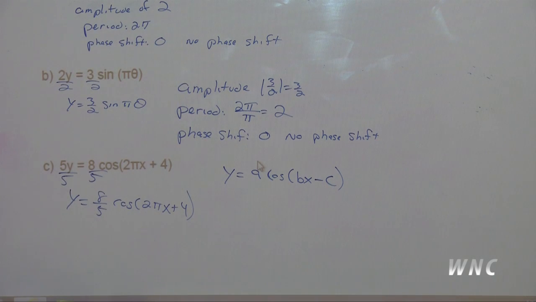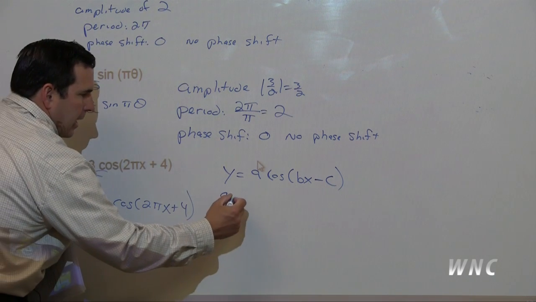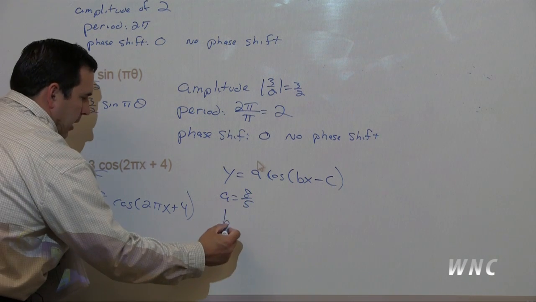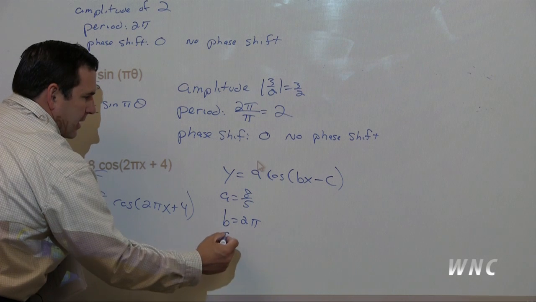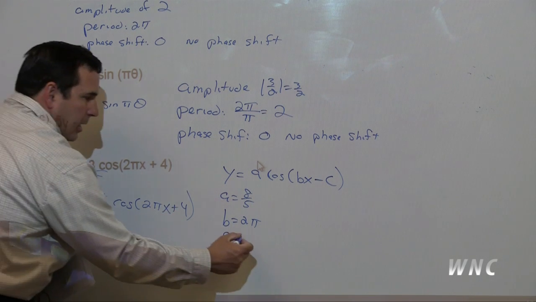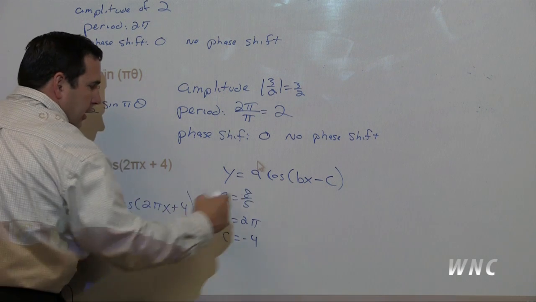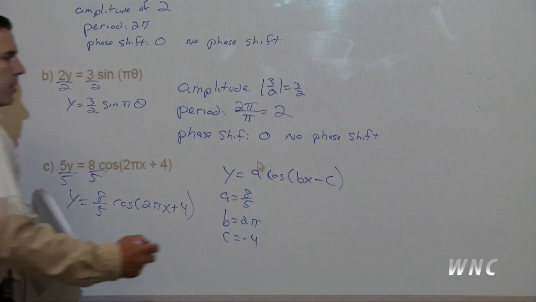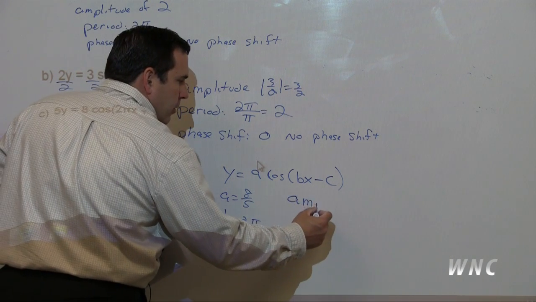That's important, identifying these things. In this, a is 8/5. Our b is 2 pi, and our c should be minus c, so c must be -4, because minus -4 makes a +4.